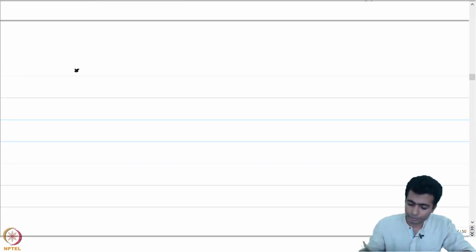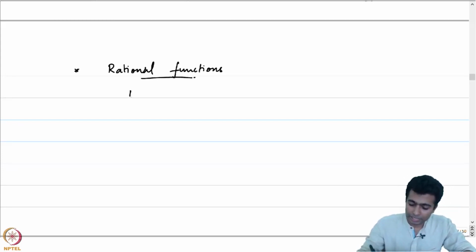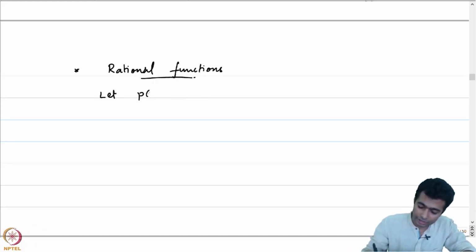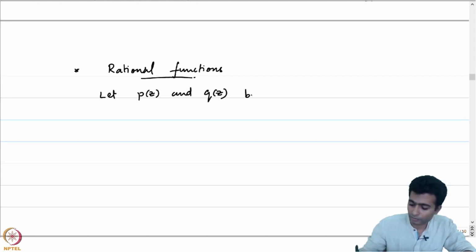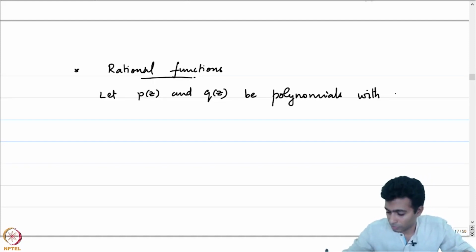Another example would be of rational functions. Let p of z and q of z be polynomials with no common factor, in particular no common zeros.